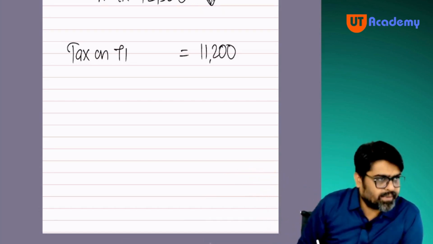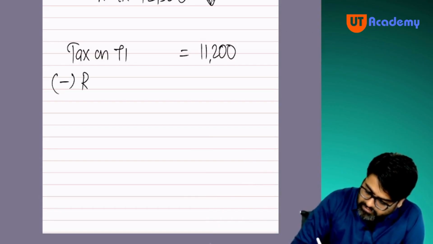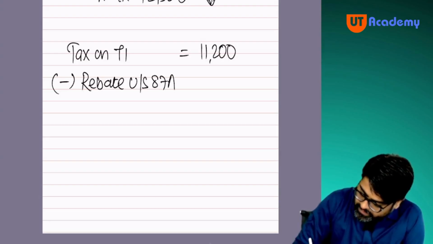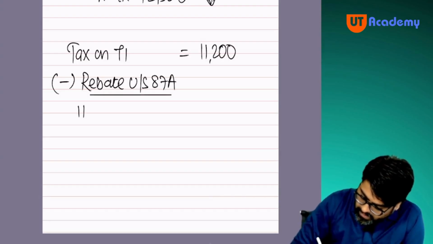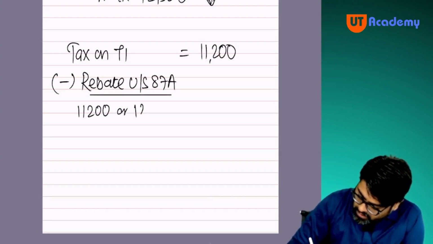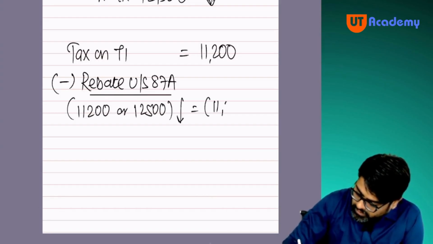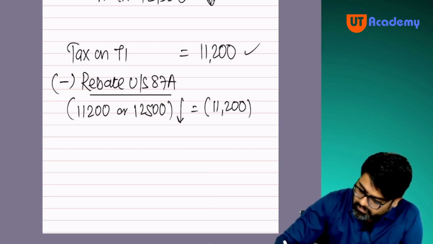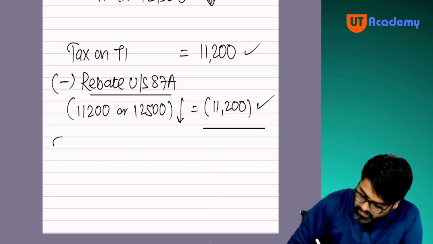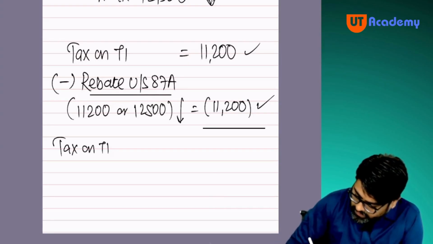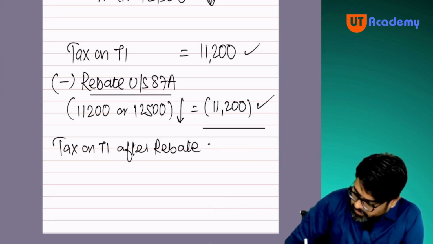So I will say less rebate under section 87A. How much is the rebate? 11,200 or 12,500, whichever is lower, 11,200. So 11,200 minus 11,200, tax on total income after rebate. How much? Come on, tell me.